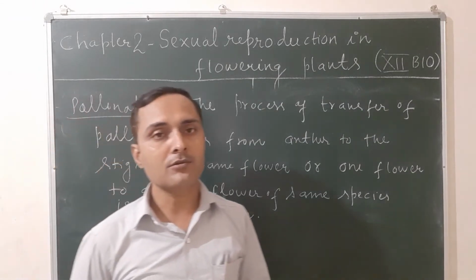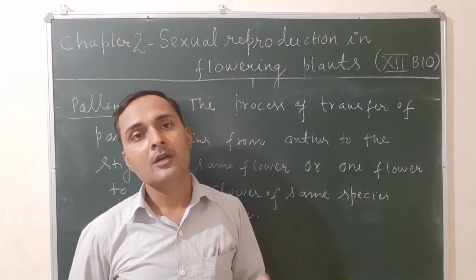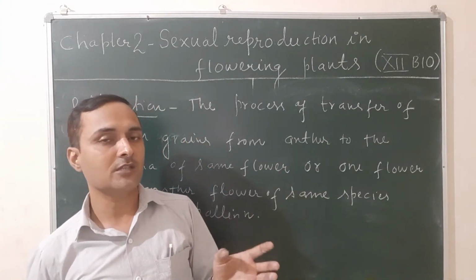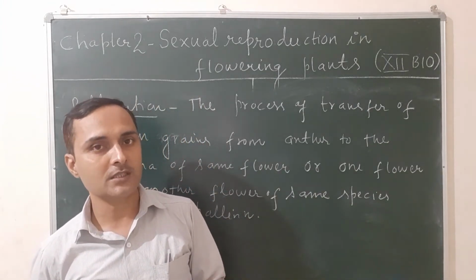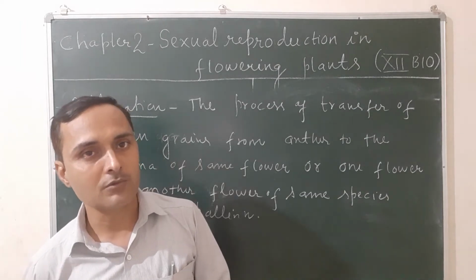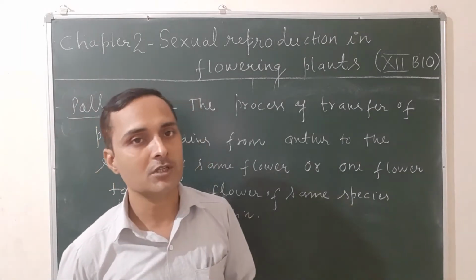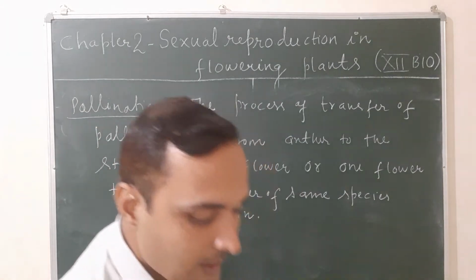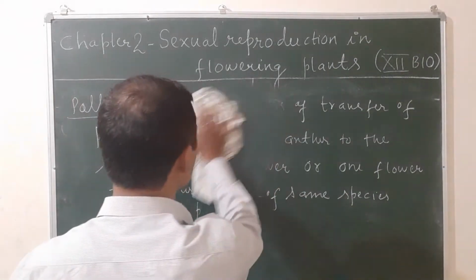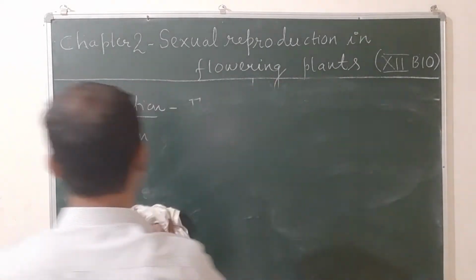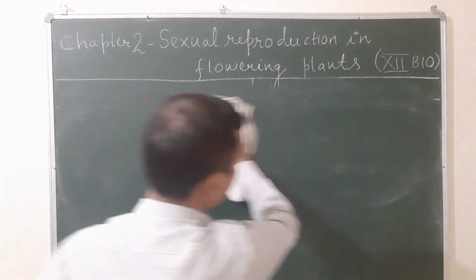When from anther to the stigma of the same flower, it is called self pollination, and when from one flower to another flower of the same species, it is called cross pollination. So pollination is further classified into two types: self pollination and cross pollination.